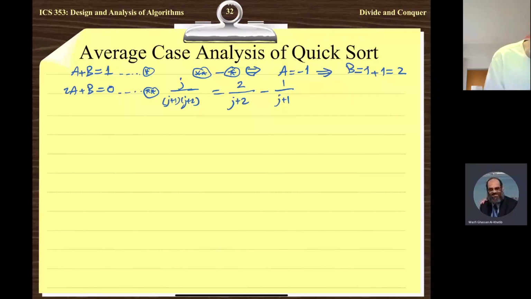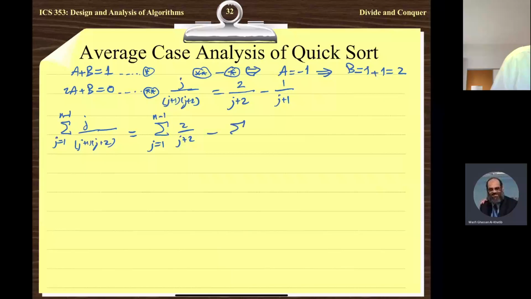Okay, and since that's the case, the summation of j over j plus 1 times j plus 2 from j equal 1 to n minus 1 is equal to, and let me do this in one step, the sum of 2 over j plus 2 from j equal 1 to n minus 1, minus the sum of 1 over j plus 1 from j equal 1 to n minus 1.